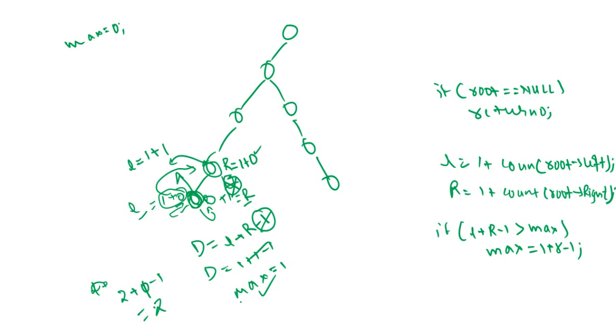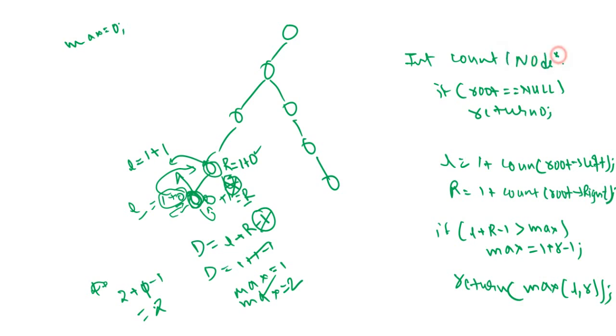So our max will be updated and max becomes 2. So what I'm doing is returning max of L comma R. This was actually our function, count, with node star root. So in the same way, I will return 2 since it is the maximum.